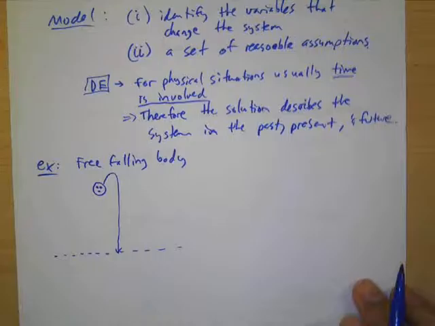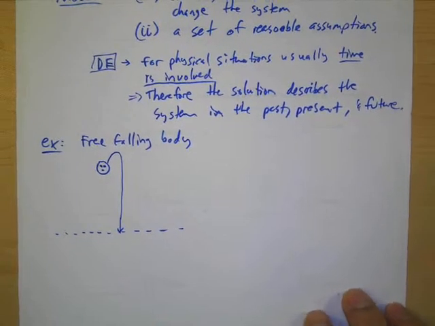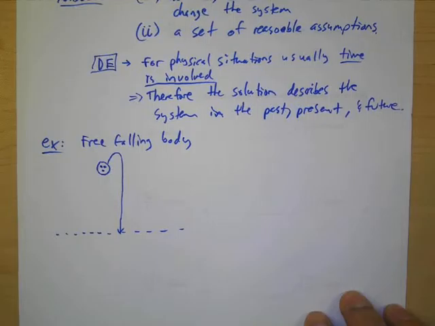Looks like a sad bowling ball. What identifies the variables that change the system? Sorry.